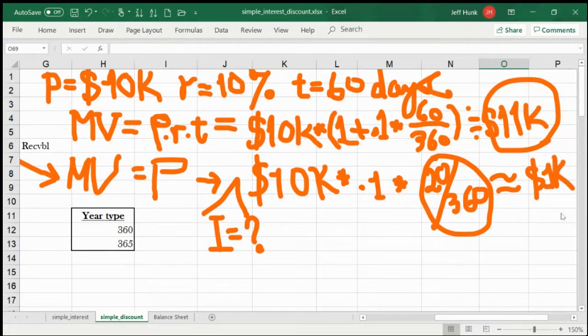Then what amount are they paying you? They will be paying you 9K. This is what you get, right? They will keep 1K.